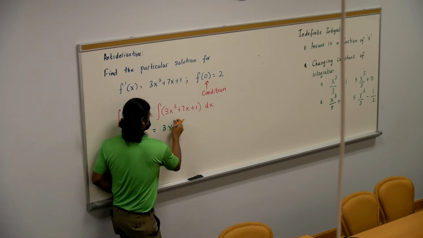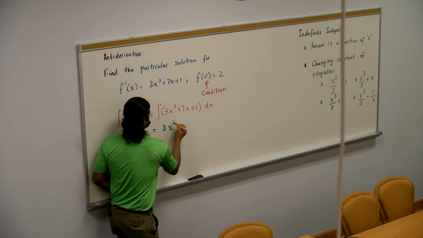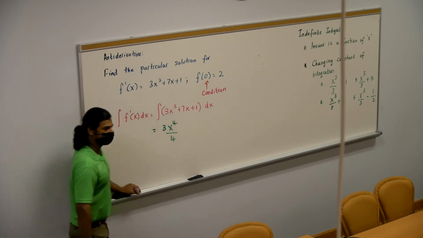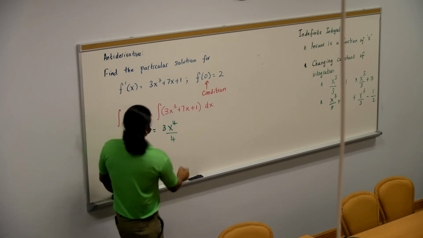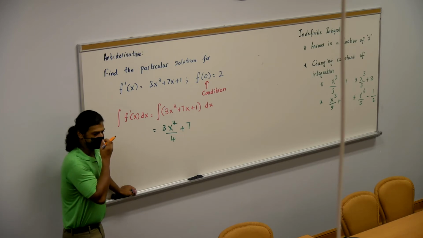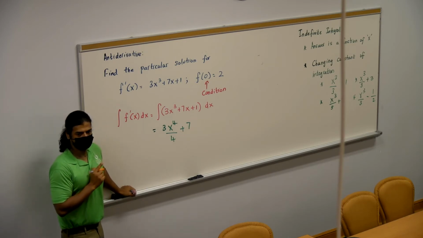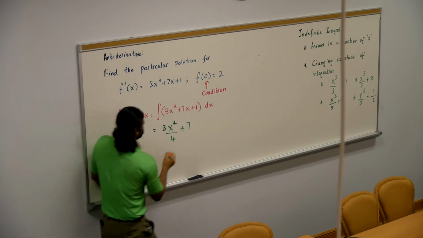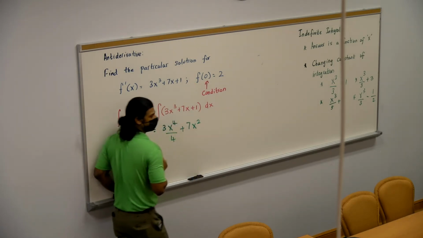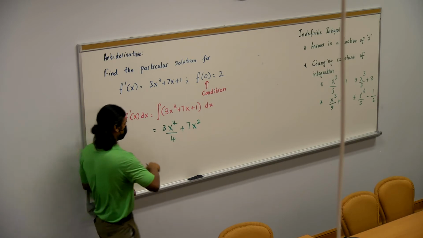So we add 1 to the 3 and divide by n plus 1. I get 4. What is the power of x in the second term? 1. Add 1, 1 plus 1 would be 2. Divide by 2.